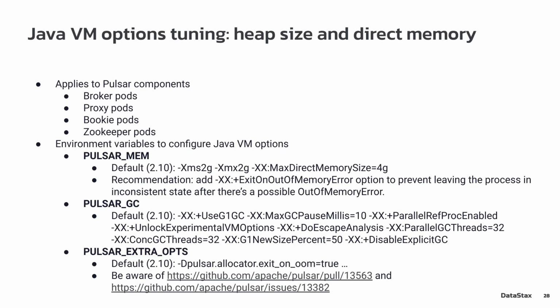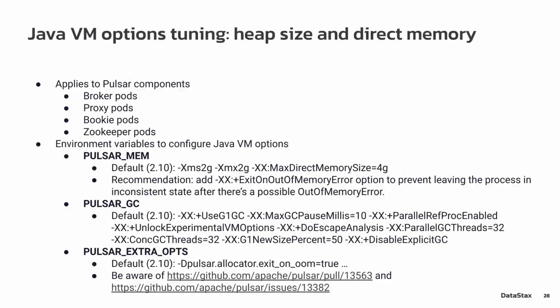The defaults are mentioned here, and one note about the tuning is that the defaults aren't that great, and there could be a need to tune things. For example, if your broker runs out of memory, it's better that it exits the process instead of continuing in a possibly broken state, because in Kubernetes it will automatically replace the node with a new one if the process crashes.